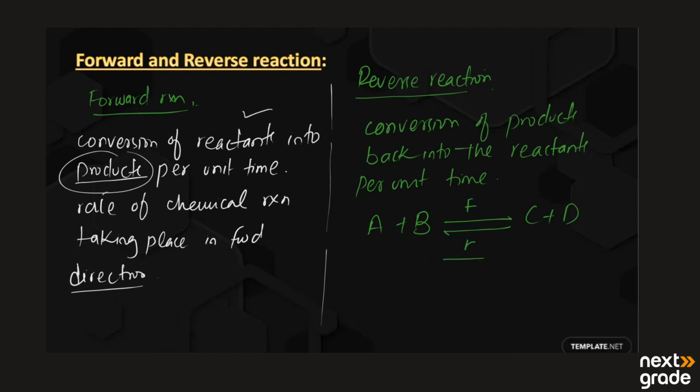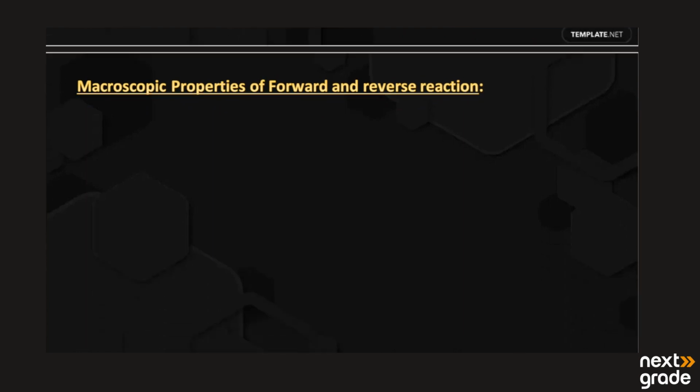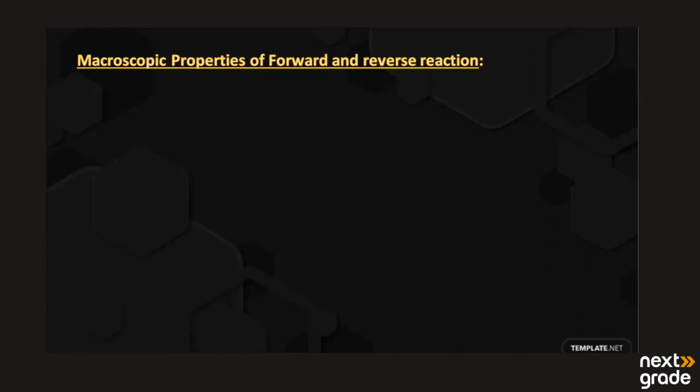Simple. Next, we have some macroscopic properties of the forward and reverse reaction. So let's discuss its macroscopic properties. We have categorized the forward reaction, and the second we have reverse reaction.